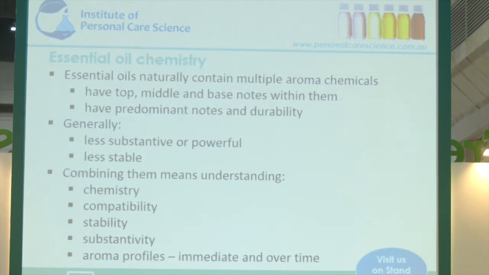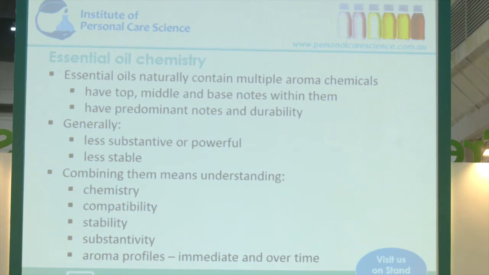Okay, so essential oils also have top, middle and base notes, just like when you have a finished fragrance. But again, a perfumer will purposely select the aroma compounds to create the top, middle or base notes. With an essential oil, they generally have top, middle or base notes already in there.